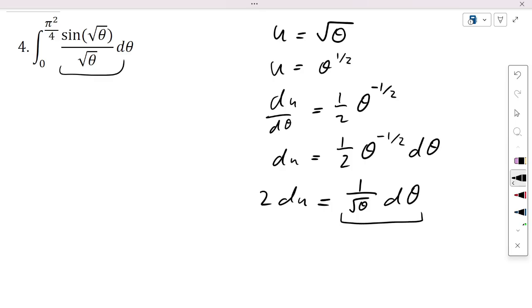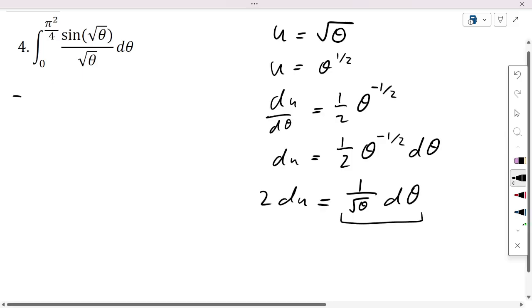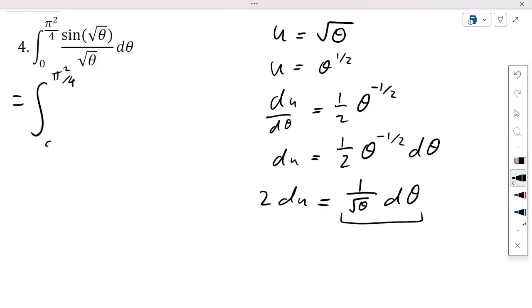I'm actually going to rewrite this like this. It's going to be the integral from 0 to pi squared over 4, of the sine of root theta multiplied by 1 divided by root theta, with respect to d theta.